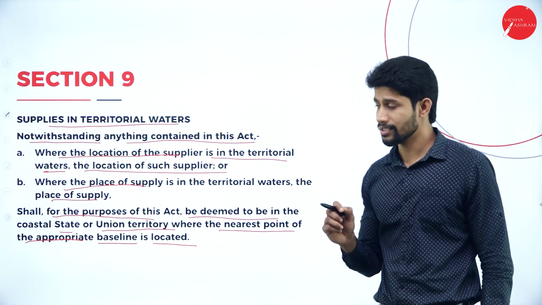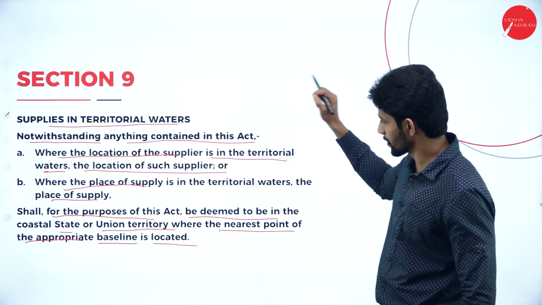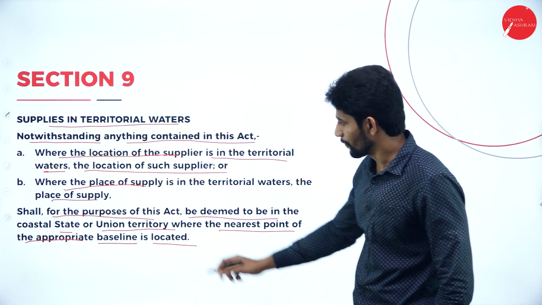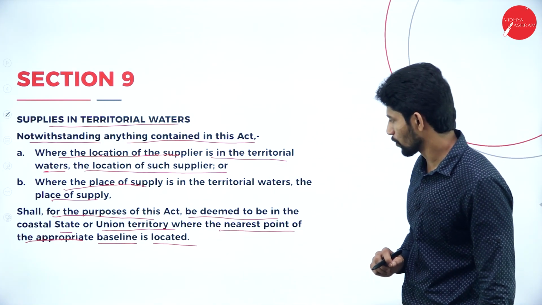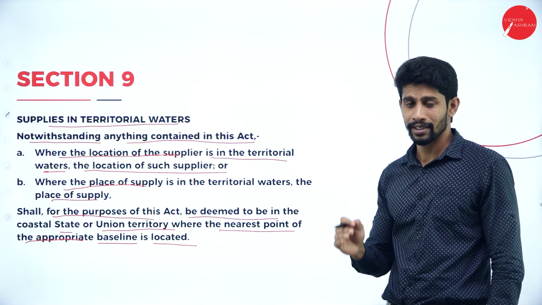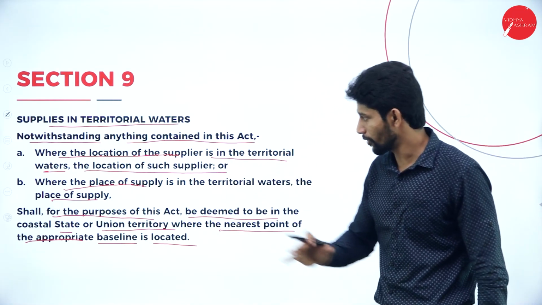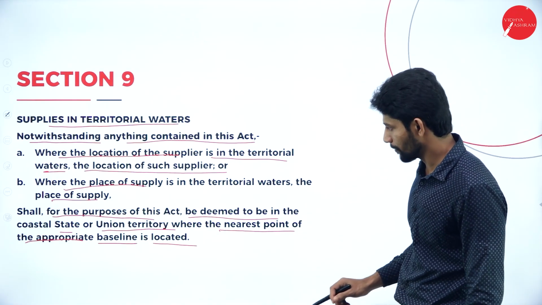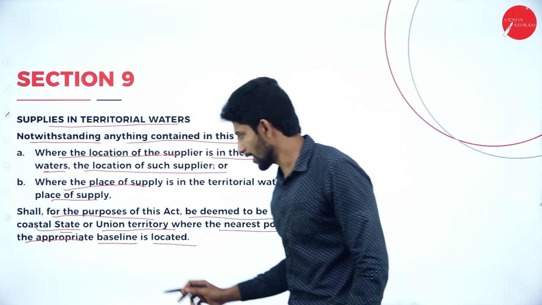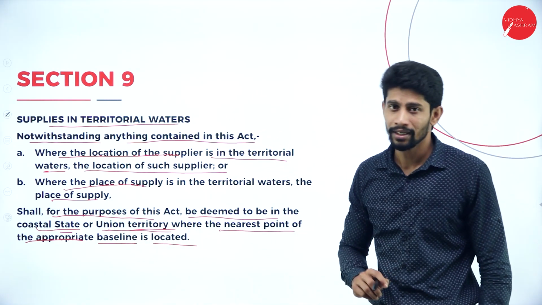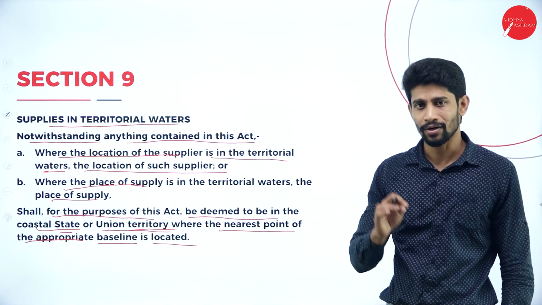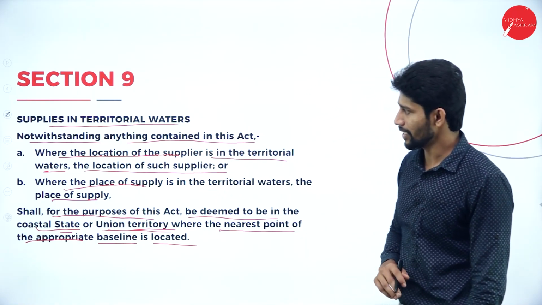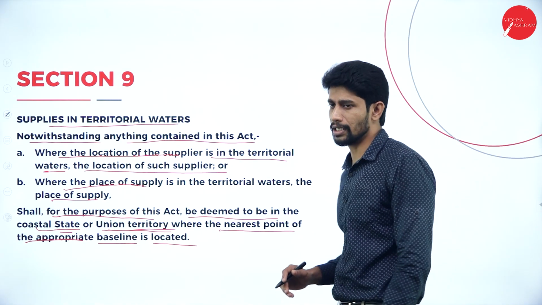Yes, in case the location of the supplier is in the territorial waters or where the place of supply is in the territorial waters, at that point of time, the nearest coastal state or the nearest union territory will be considered as the place of supply of goods or services. So, section 9 talks about supplies in territorial waters.